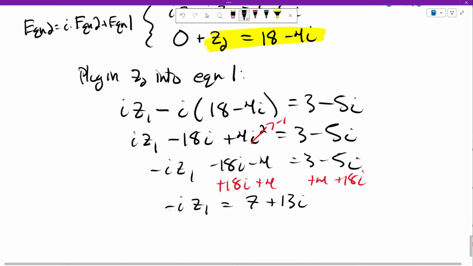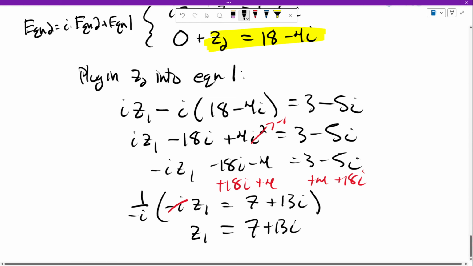And then we need to go ahead and divide by i. So take both sides here and divide by i. And when we do that, on the left-hand side, we get a z1. They cancel. And on the right-hand side, we have 7 plus 13i over negative i.